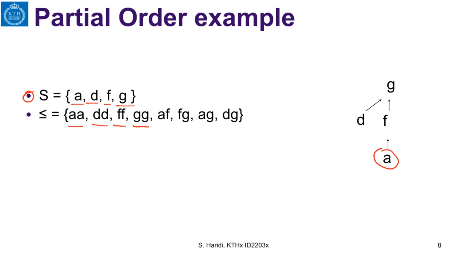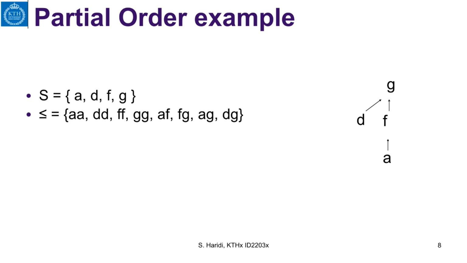And then we have A is before F, it's this arrow. F is before G, it is this arrow. A is before G, this is a transitivity relation. And D is before G, this is this arrow.